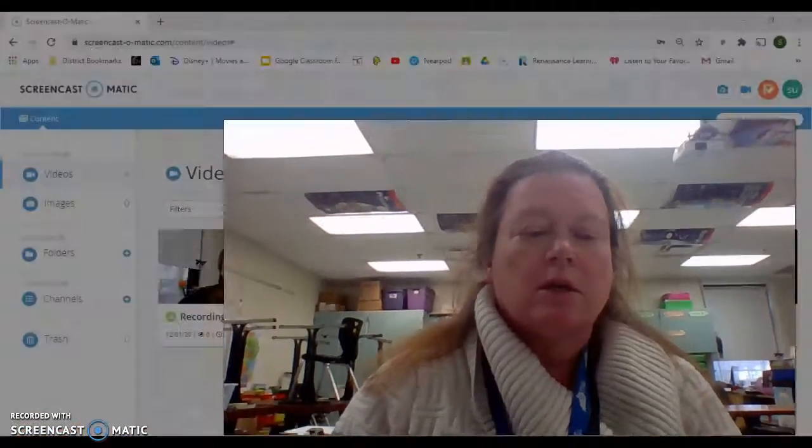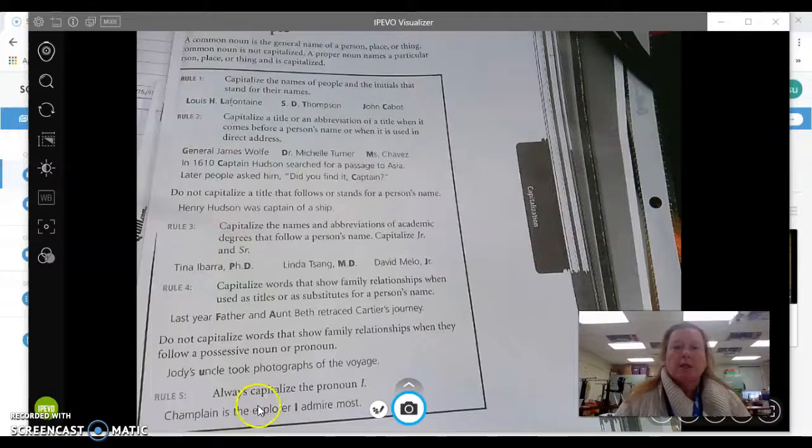So what I want you to look at first is the rules. If you look at your rules, you have these in your ELA binder, that a common noun is a general name of a person, place, or thing, or idea.